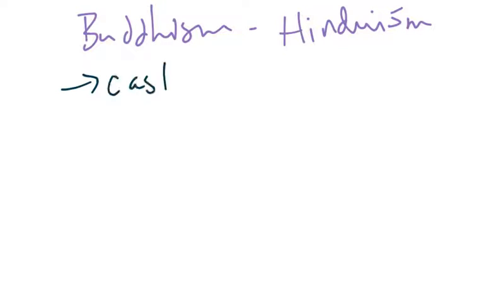The first is the caste system. So remember, Buddhism tries to be a reform of Hinduism, and so it wants to change Hinduism. Hinduism doesn't accept these changes. It creates its own religion, and these are the changes that it makes in its own religion. So the first one is the caste system.